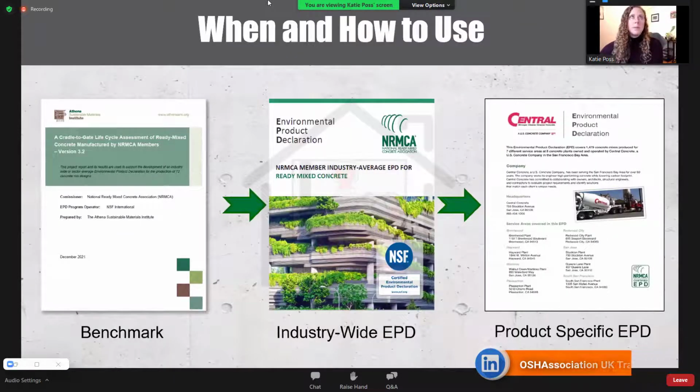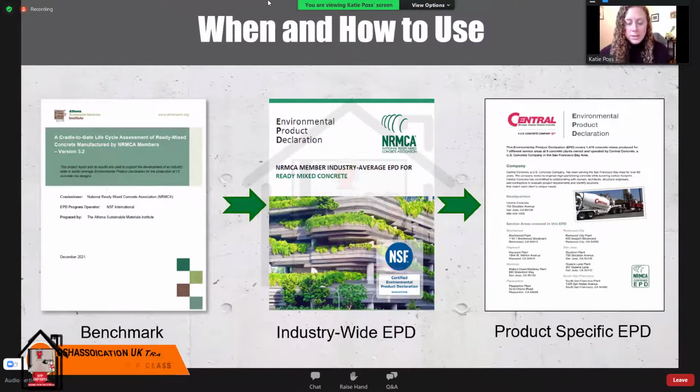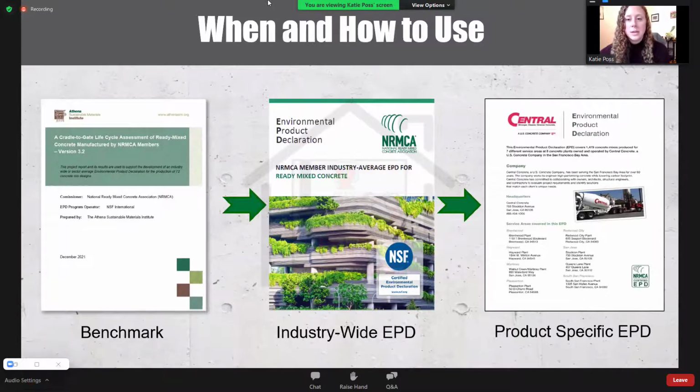So the mechanics of disclosing a product's carbon footprint and the ability to optimize, whether it's in green building rating systems or due to some of the policies we're seeing throughout the country, this comes from verifiable, quantifiable metrics, such as the data included in these environmental product declarations.